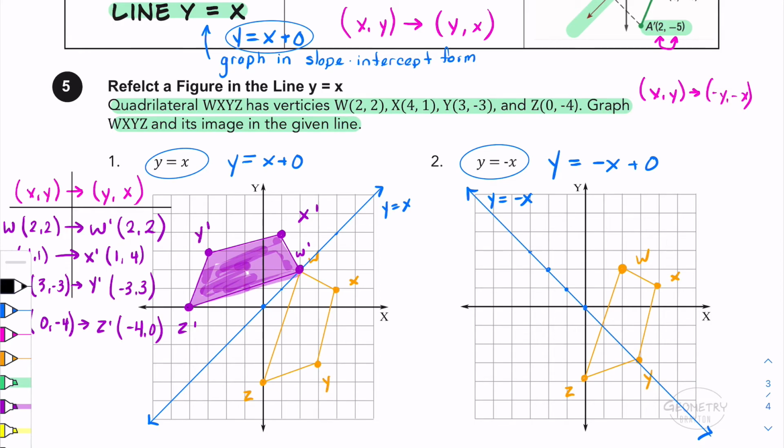You might want to make a note on your notes that this rule, and I'll actually write it and highlight it, is x comma y maps onto negative y comma negative x. When you have a negative slope, everything becomes negative.